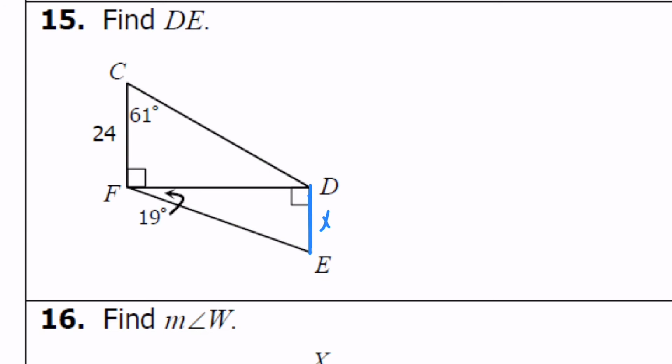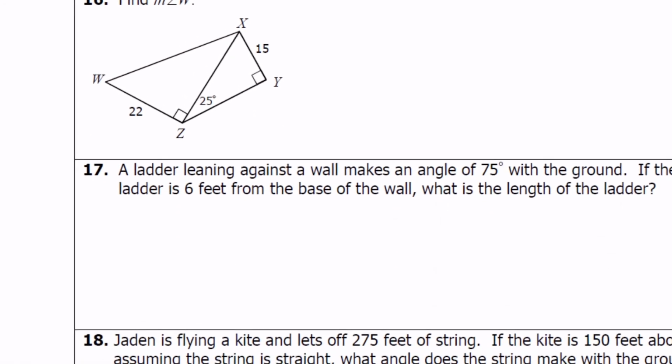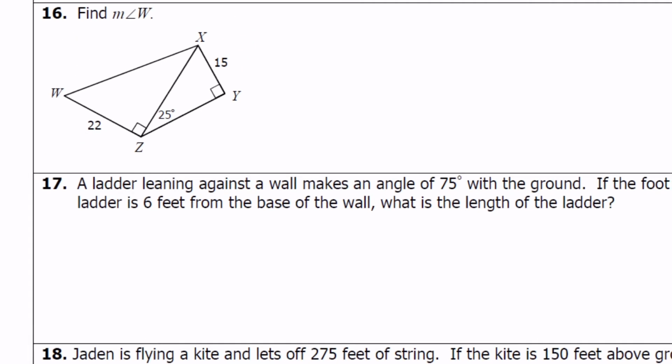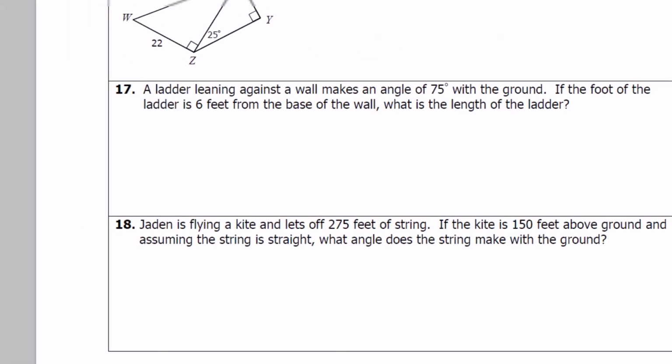But I can find this side because of the info given in this triangle here. So look at how you can find this side. We'll call this one Y. Then look at how you can use that Y and the angle DFE to find X. Same with 16. Look at what you're given and how you can use that to find what it's asking you for.